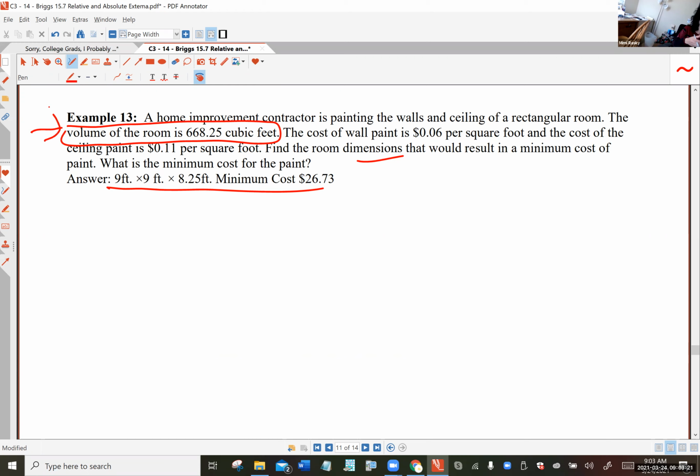But let's say you don't have that option because they're telling you that the volume must adhere to this 668.25 cubic feet. So that, folks, is your constraint. Your constraint is that volume is length times width times height of your room, and it is 668.25 feet cubed. You don't have a choice.